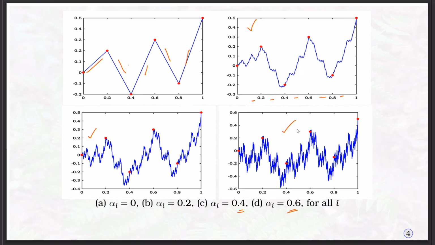One can observe that whenever alpha i is close to 0, we are getting a smoother approximation, a smooth function, whereas if alpha approaches 1, the irregularity increases. You can see here and compare A, B, C, D in all the images.